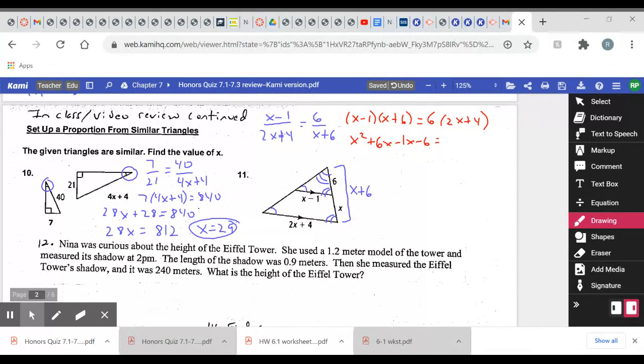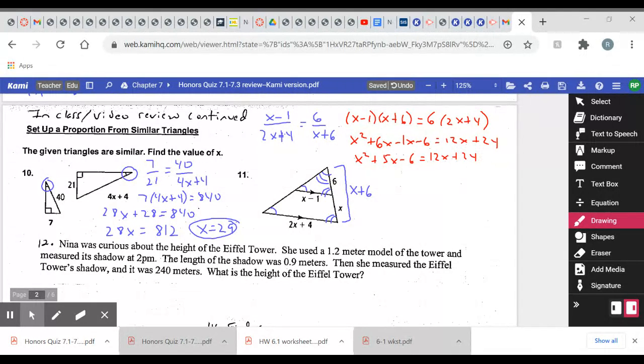If I distribute on the right, I end up with 12x plus 24. Okay, from there, if I go ahead and combine my like terms here on the left, I've got x squared plus 5x minus 6.